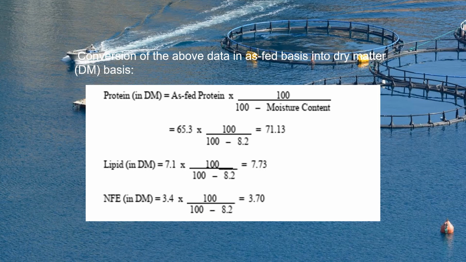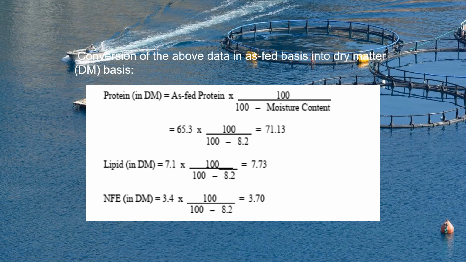So, for example, 65.3, which is as feed protein, times 100 over 100 minus 8.2, which is the moisture content. And so 65.3 times 100 over 100 minus 8.2 is equal to 71.30.